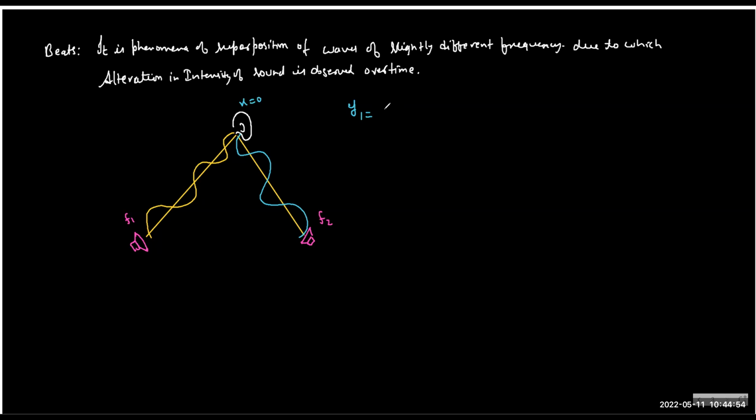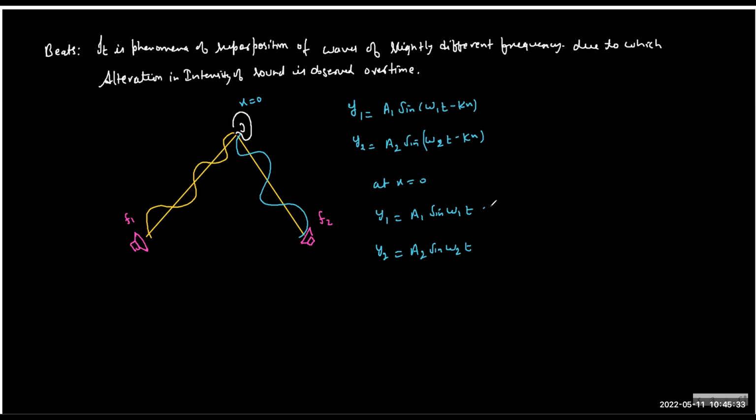I'm using the formula y1 equals A1 sin(omega1 t minus kx), and y2 equals A2 sin(omega2 t minus kx). By the choice of origin at the listener location, the x term will be 0. So at x equals 0, the formula looks really simple: A1 sin omega1 t and A2 sin omega2 t.